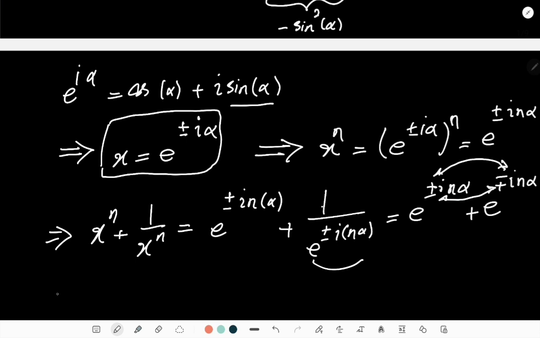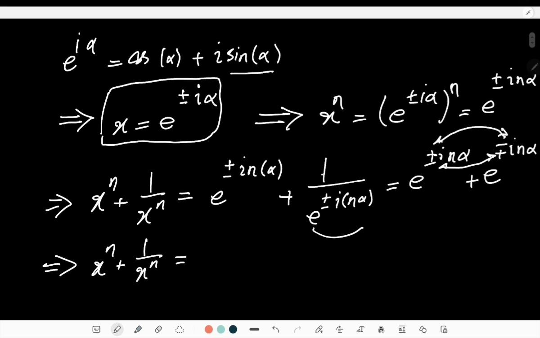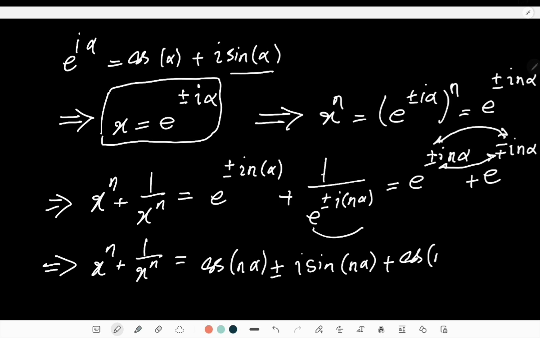So therefore, if I just again use the Euler expansion, I get cosine of n alpha plus minus i sine of n alpha. And for the second one, I get plus cosine of n alpha minus plus, this is very important, i sine of n alpha.